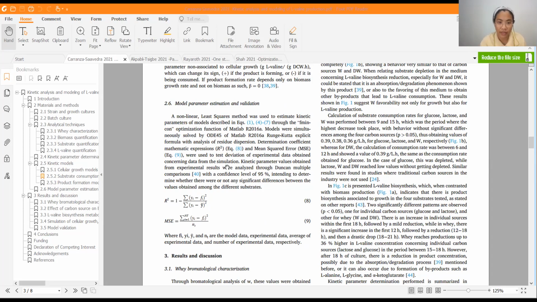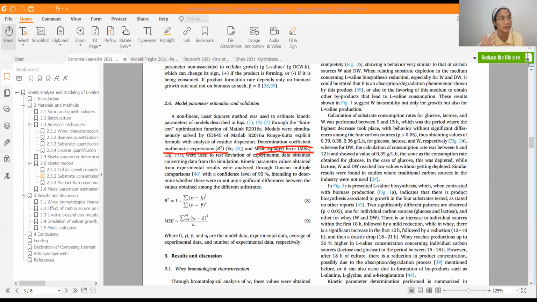One thing you probably see at this point, I don't know whether you see it, is the determination coefficient mathematical expression, or the R square. So it involves R square, and it involves the words mean square errors.